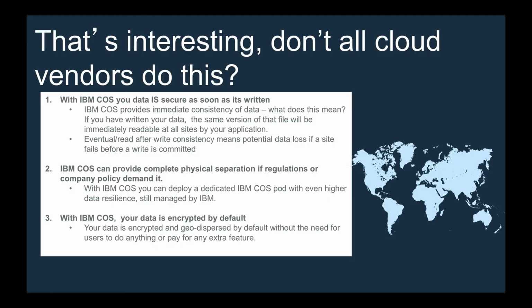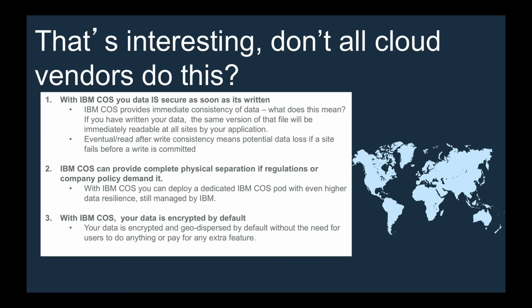So why IBM? One fundamental point of difference is as soon as you write your data to IBM Cloud Object Storage, your data is immediately secure. This is a point of differentiation because most other systems, particularly in the cloud space, use read after write consistency. That means you write your file, and as soon as it's been written, it gets pushed out to the other sites.